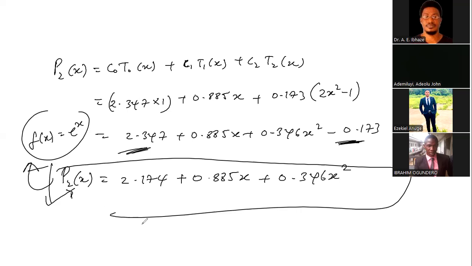And this is provided over the interval -1 to 1. This is to enforce orthogonality and stability, okay? So it means this polynomial is well behaved within this range. Okay. Now that we've done that, I think we can now move on to least squares approximation. So we just run through this.